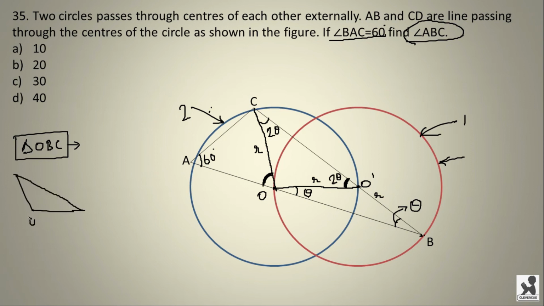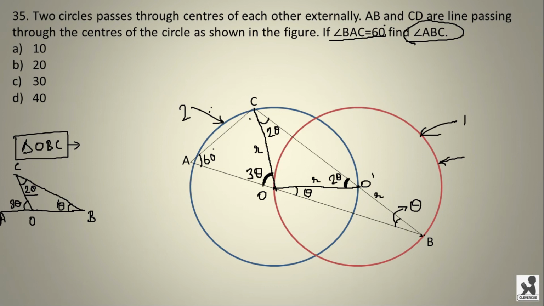This is O, this is B, and this is C, and this is point A. So this angle is equal to angle C plus angle B. Angle C is 2 theta and angle B is theta. So angle COA is 2 theta plus theta, that is 3 theta. Now angle COA we have calculated as 3 theta.